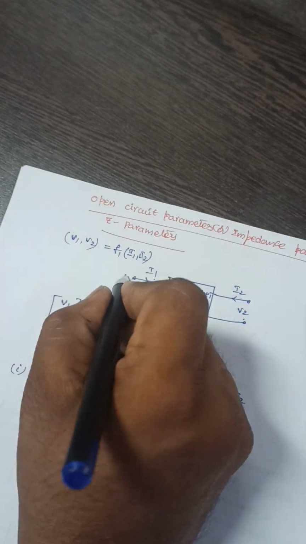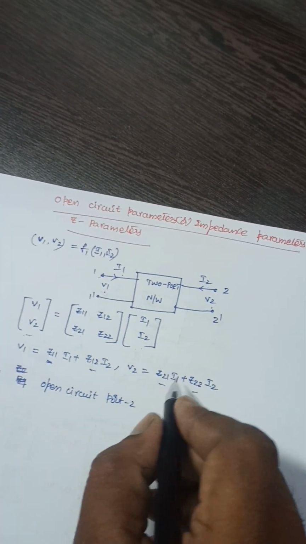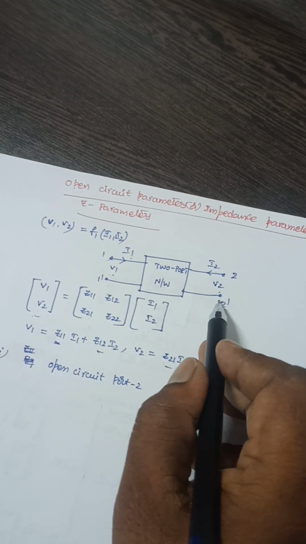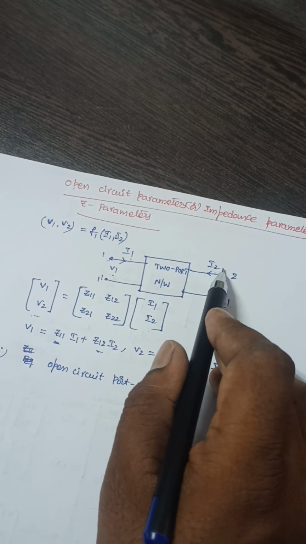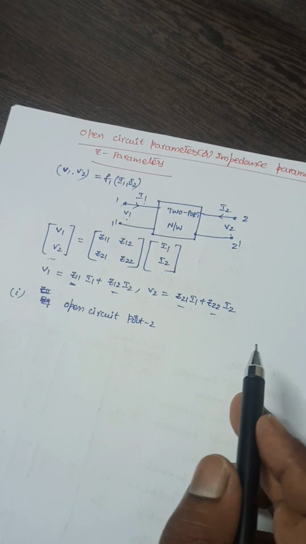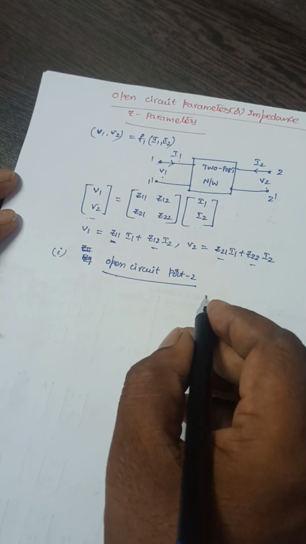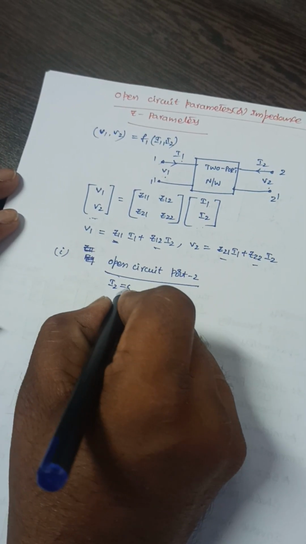So it is port 1, and this is port 2. If I open circuit this port 2, this I2 will become 0, because in open circuit there will not be any current flow. So here open circuit port 2 means I2 is equal to 0.